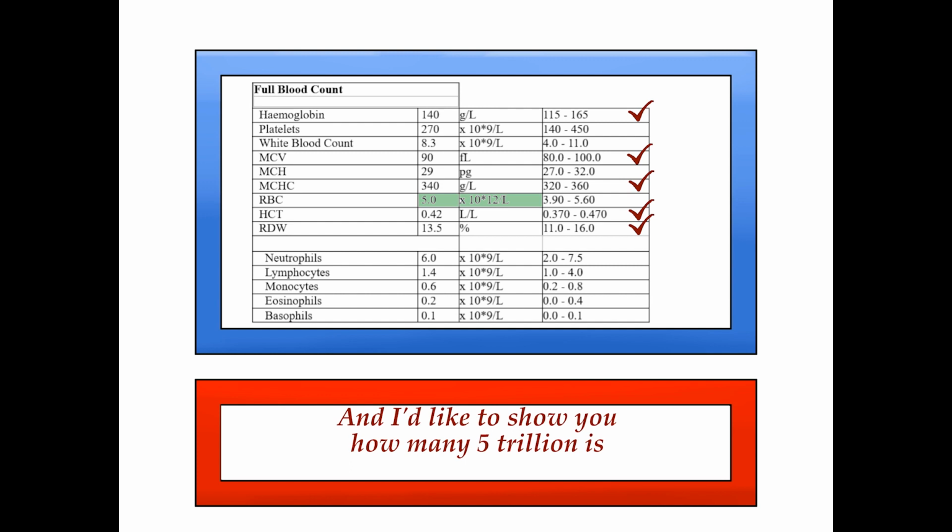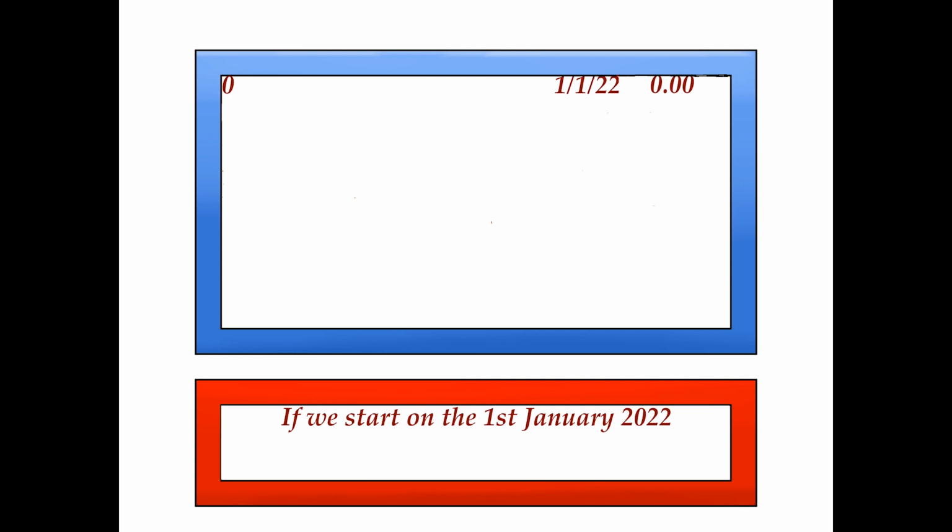And I want to show you a wee thing to give you an idea of how many cells that is. So let's say we're going to count all the red cells in a person. We'll start at midnight on the 1st of January 2022 and say it's going to take a second to count each one, which seems a bit slow, but you've got to pick each one out with teeny tiny tweezers and put it in the counting pile.